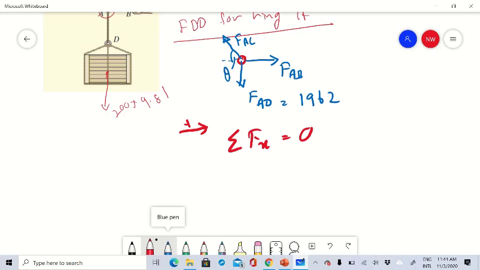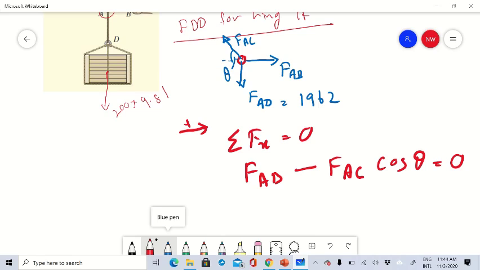FAB is the force in the x direction, since the question says AB always remains horizontal. Then FAC is in the negative x direction, so we put the minus sign: FAB minus FAC cos theta equals 0.